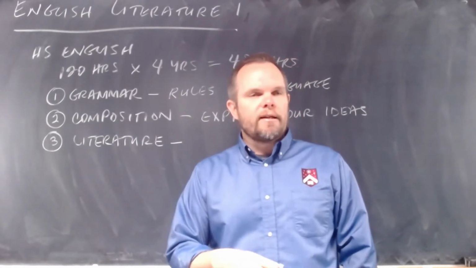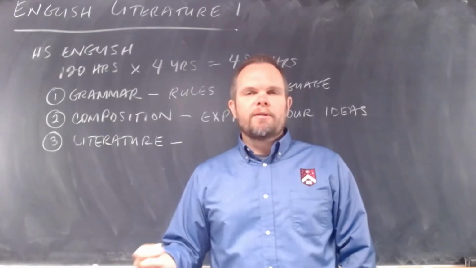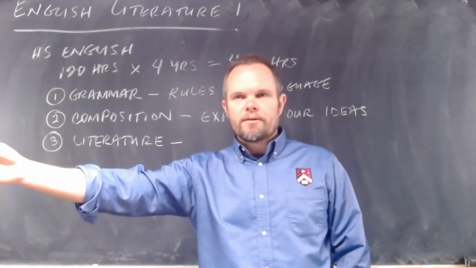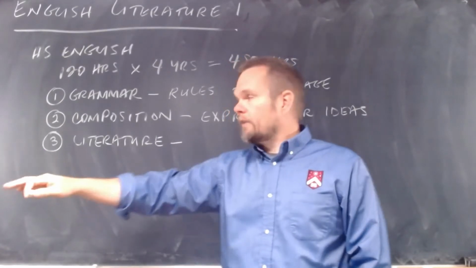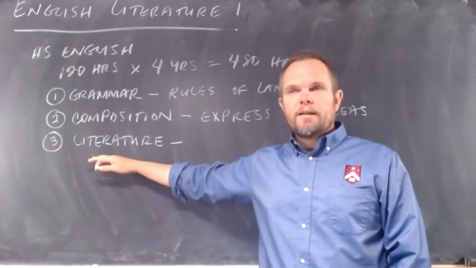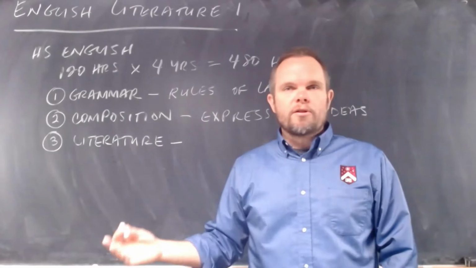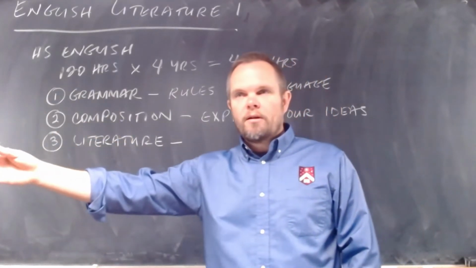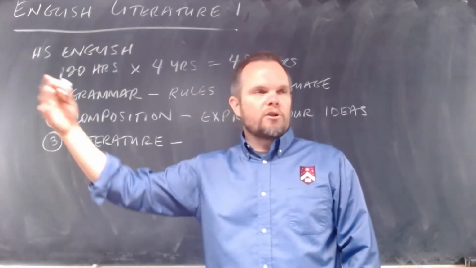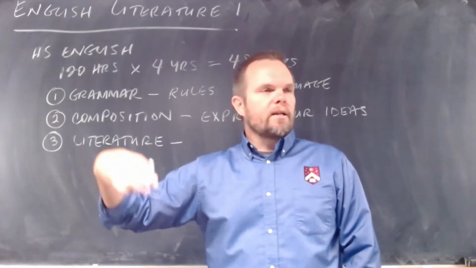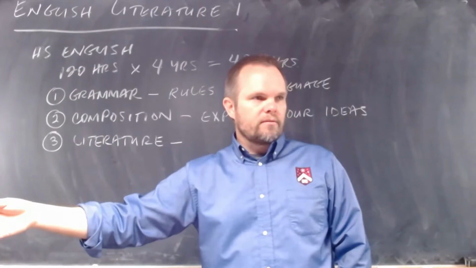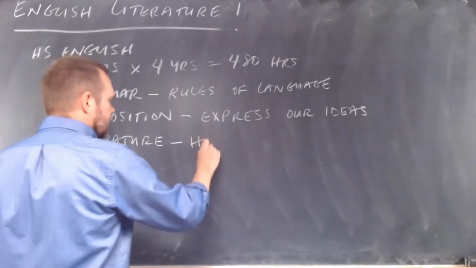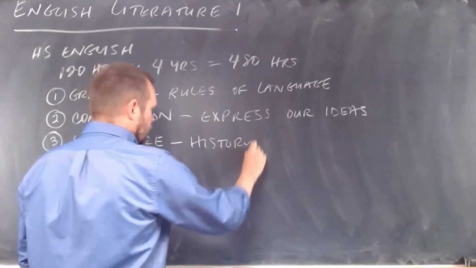Remember in history class, we said, why do we study history? We said, we study history to learn from other people's experiences. Right? Well, the same is true in literature. We study literature not just to learn a good story. We study to see how other people have composed and expressed their ideas so that we can learn from their examples. Okay? So in literature, we study the history of composition.